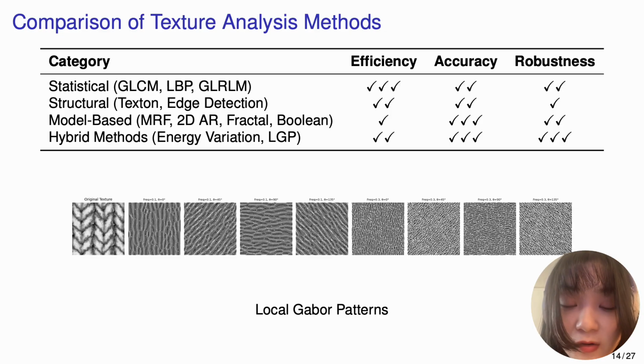And the local Gabor pattern, as shown in this picture, can analyze the textures with different frequencies and in different orientations, from 0, 45, 90, 135, like that. And they are more efficient than model-based methods, and they are accurate and very robust.